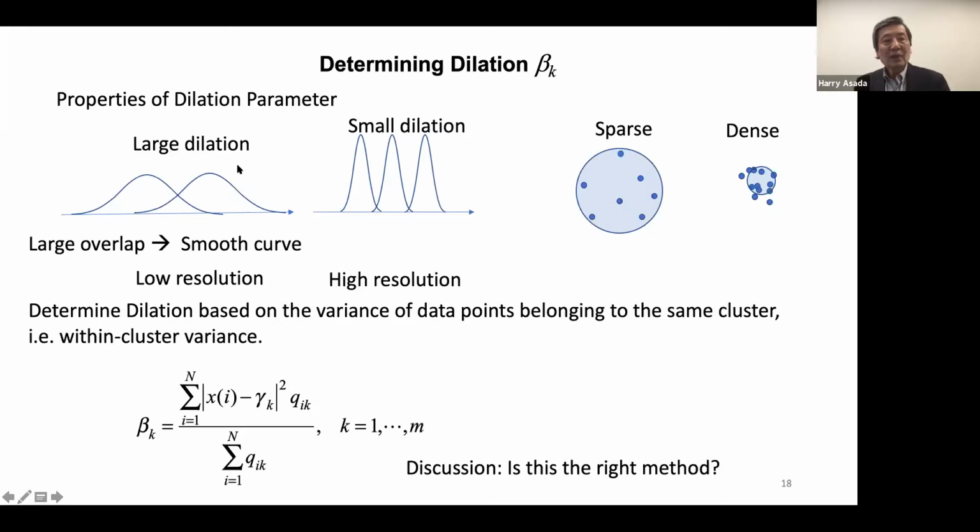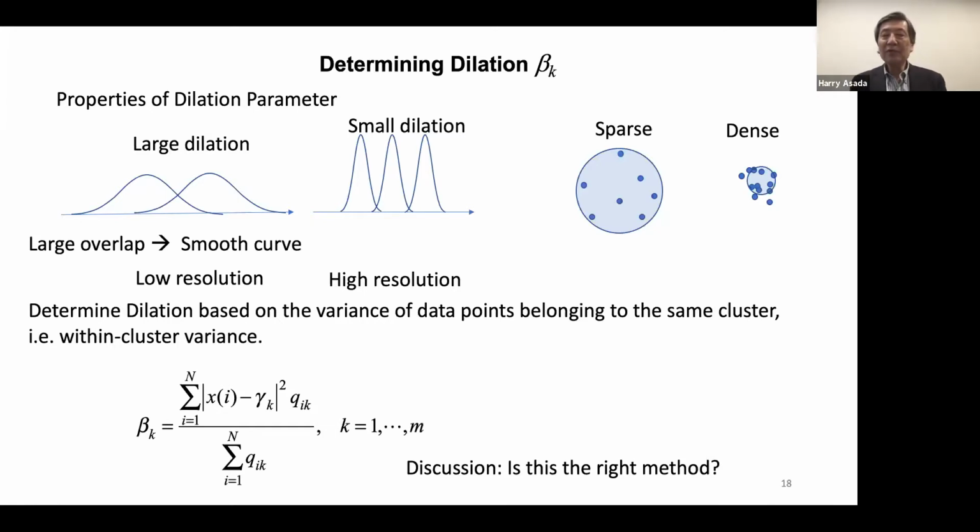So when the dilation beta is large, there is large overlap, a smooth curve, and low resolution. With small dilations there is high resolution, and many of them are needed to represent some curves, so we can capture high spatial frequency waveforms, right?